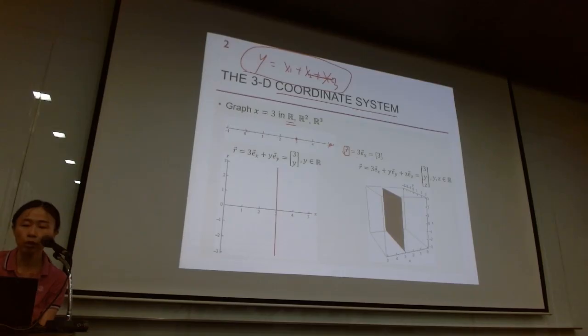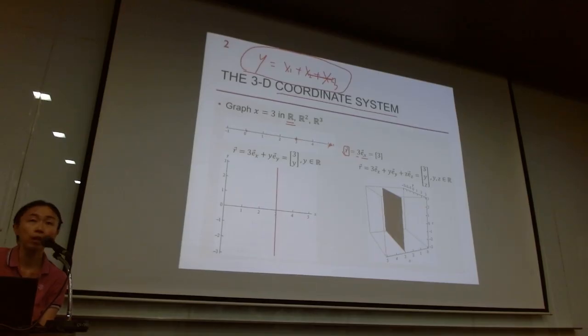You have 3, but your unit vector is only EX because you only have 1 dimension. So the basis vector only has 1 input.